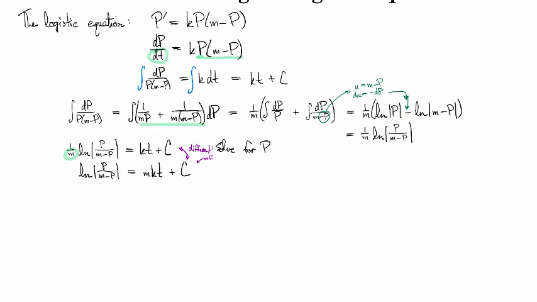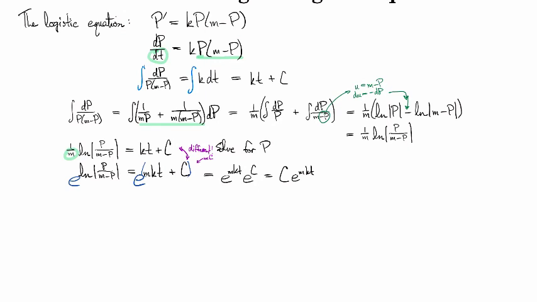Now in order to get rid of the logarithm, I will exponentiate both sides of this equation. And e to a sum is the same thing as e to the Mkt times e to the C, which is now my new C, times e to the Mkt.